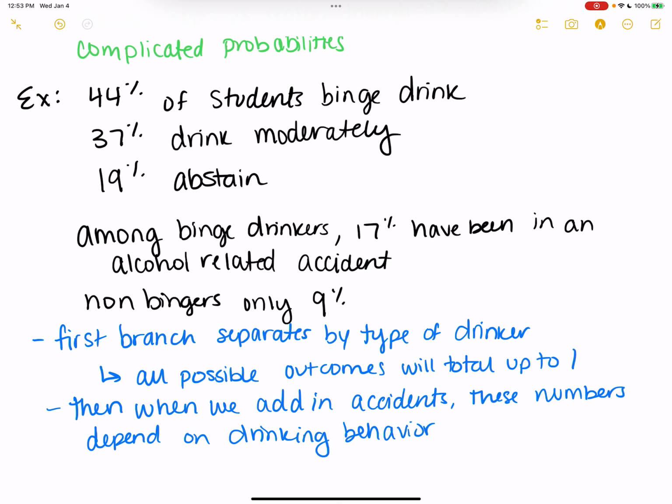And obviously, like this one that says non-bingers have 9% have been in an alcohol-related accident. Obviously, if somebody's abstaining and not drinking alcohol at all, there's no way that they can be in an alcohol-related accident that they've caused. We only care about them. So that one, the 9% is only going on the ones that drink moderately.